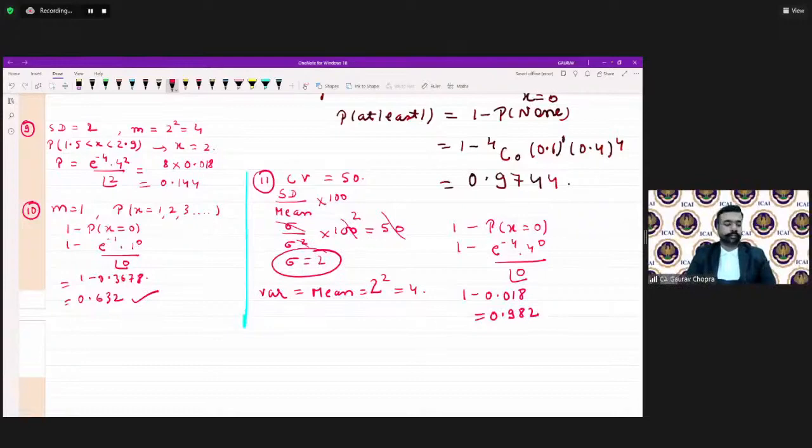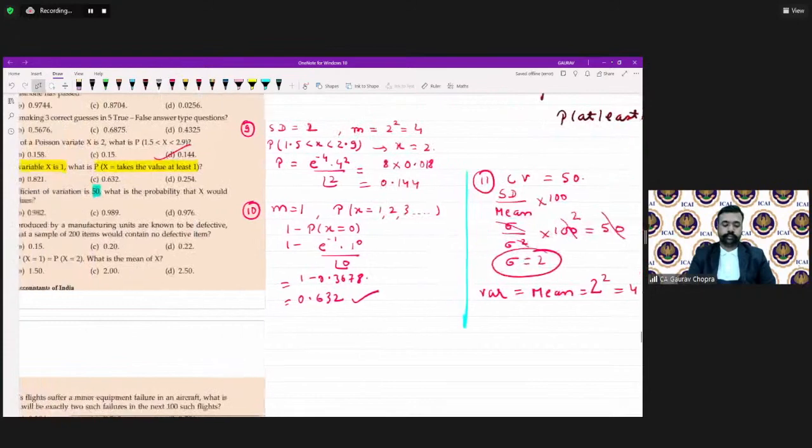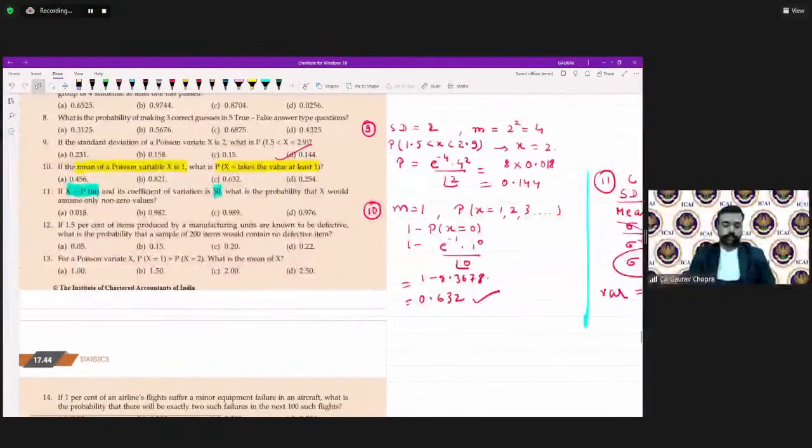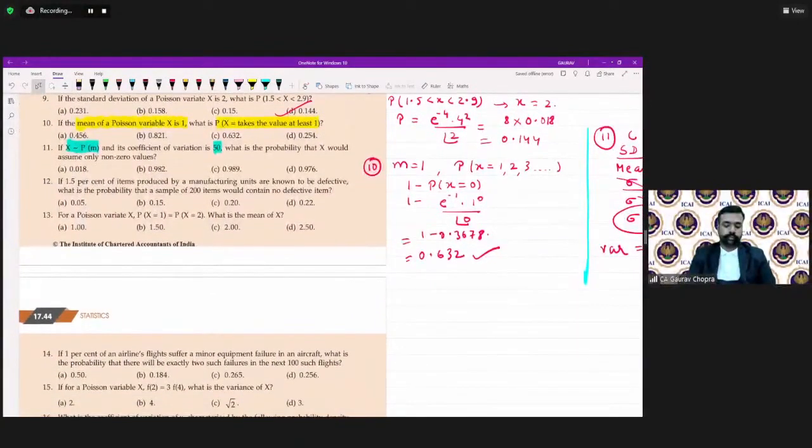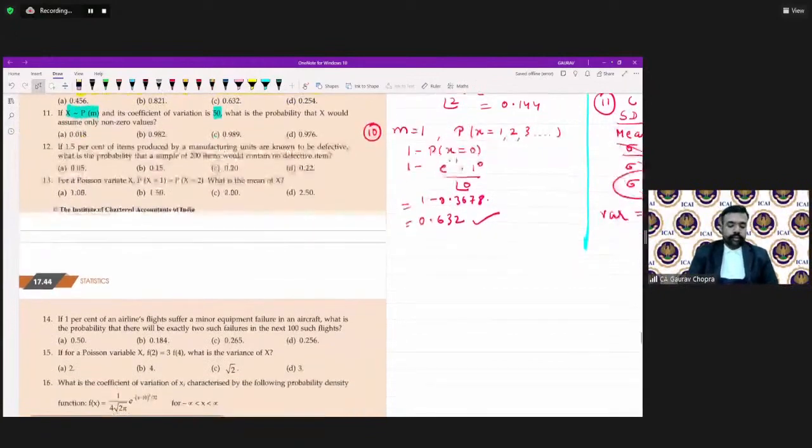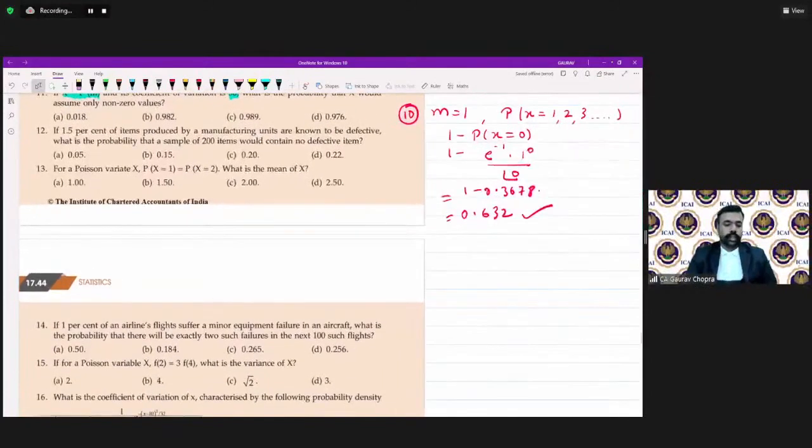All right. Now, 12th one. You can try this now, 12th one, and give the answer. If 1.5% of items produced by a manufacturing unit are known to be defective, this is the probability of defective.